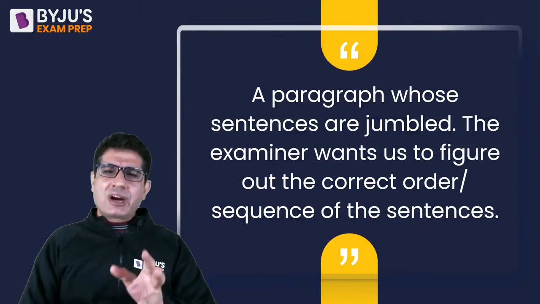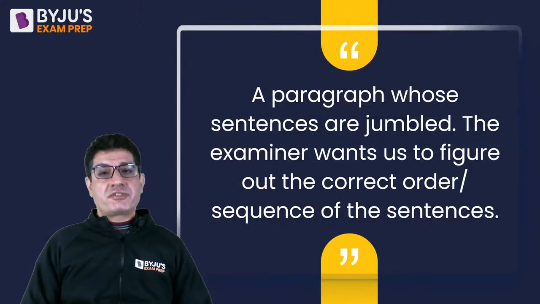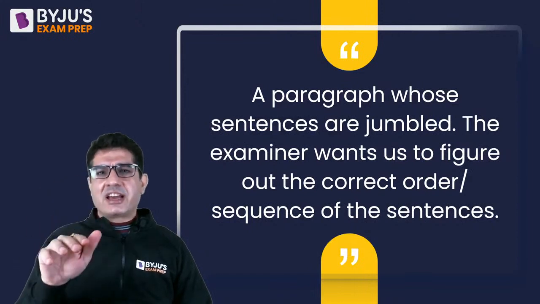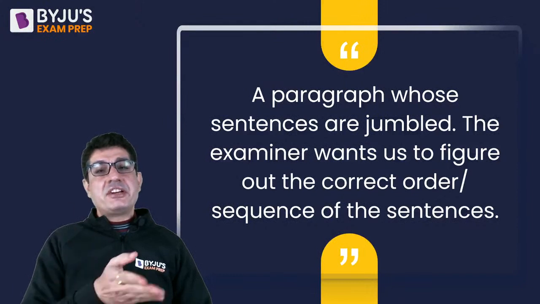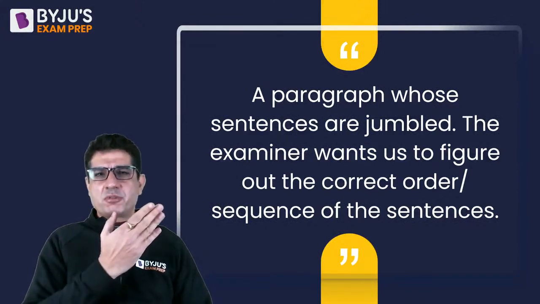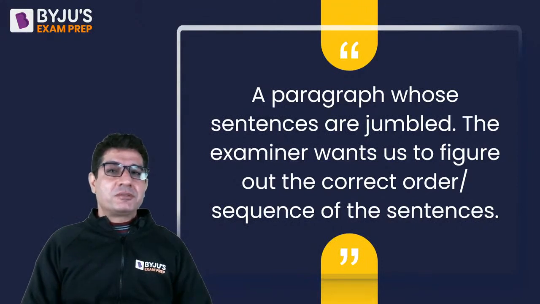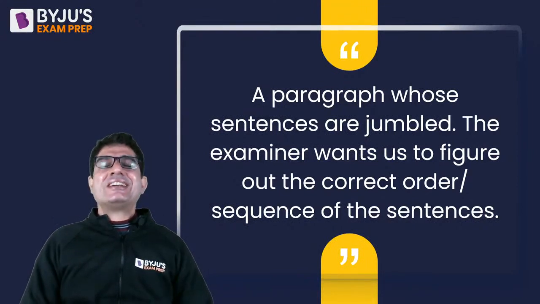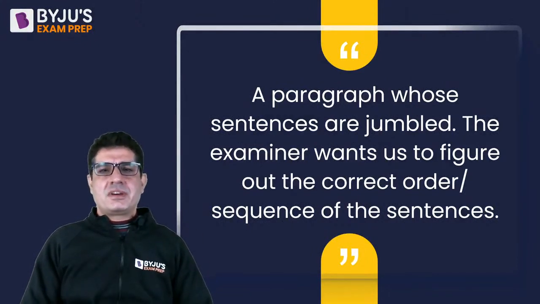If you use any such jugaad, any such formula, it will help you 70% of the time. But there are 30% situations where you may end up making a mistake. And the problem is, in the exam, we don't know whether the Para Jumbles you get are from the 70% group where a formula will work, or the remaining 30% where it won't.